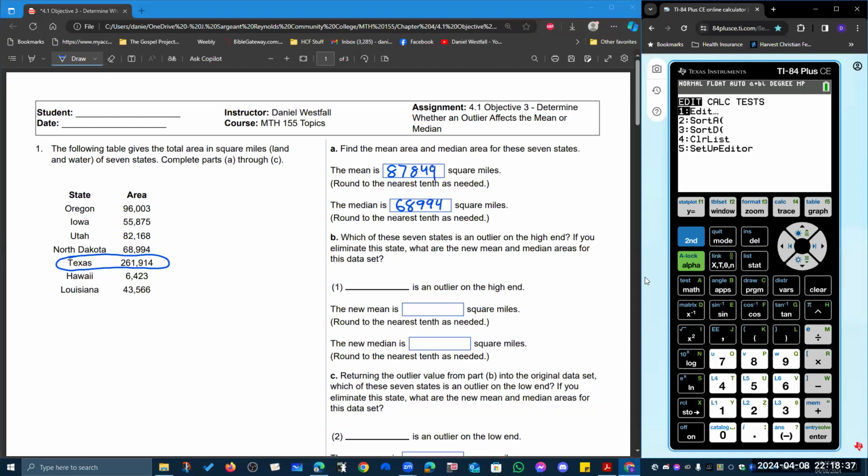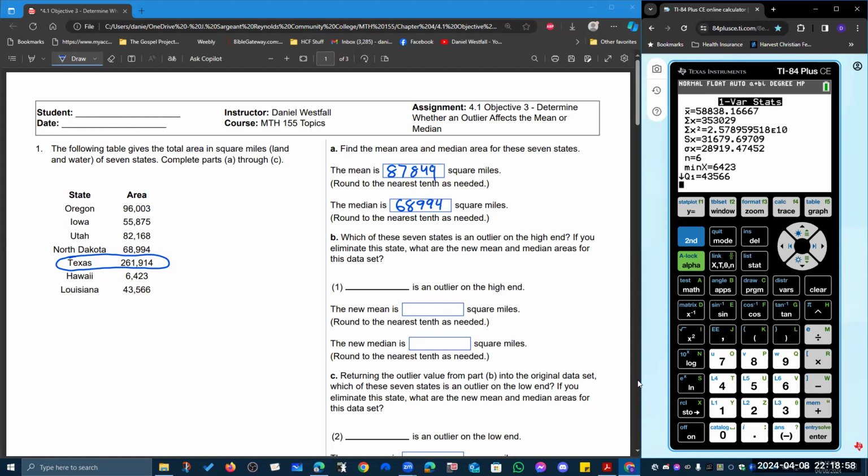So I'm going to come in here to my second list and just delete that entry for Texas to ignore that outlier, and I'm going to recalculate my one variable statistics for L2 now.